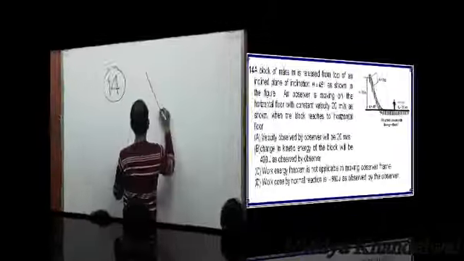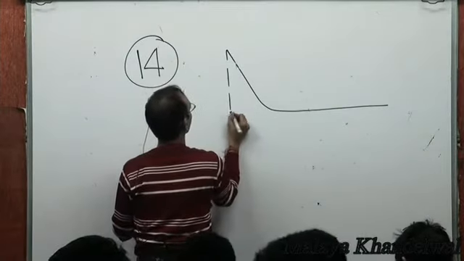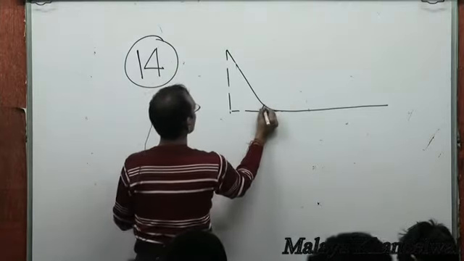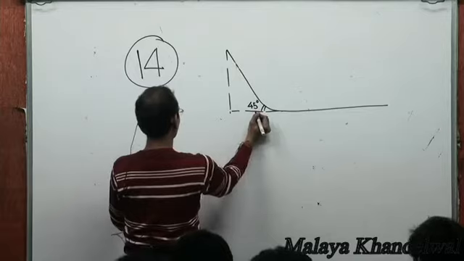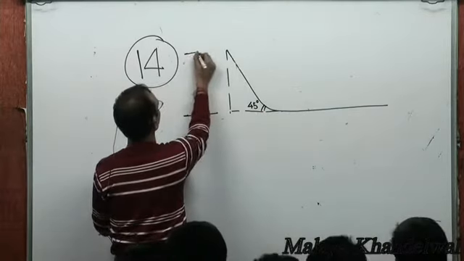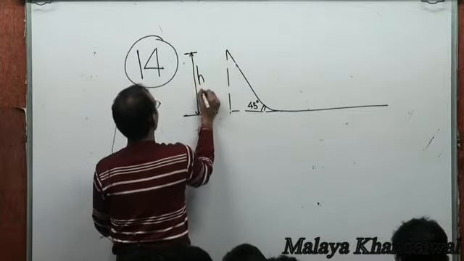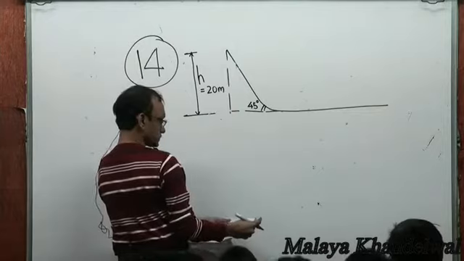There is a smooth incline. This is 45 degrees. This is h equal to 20 meters.